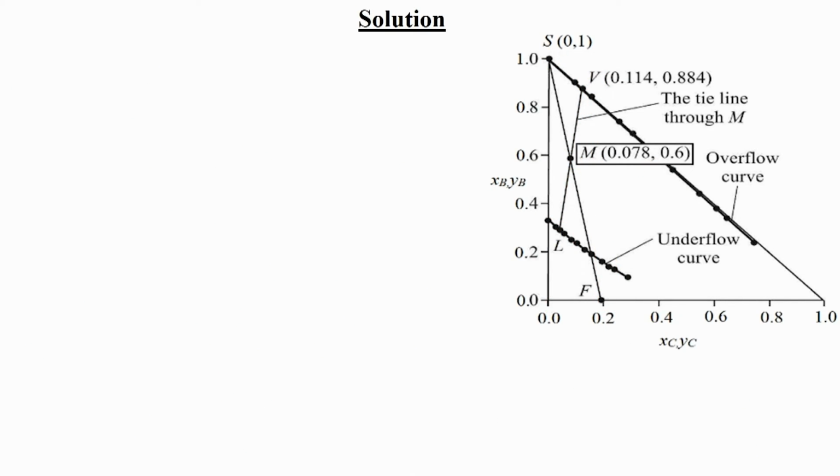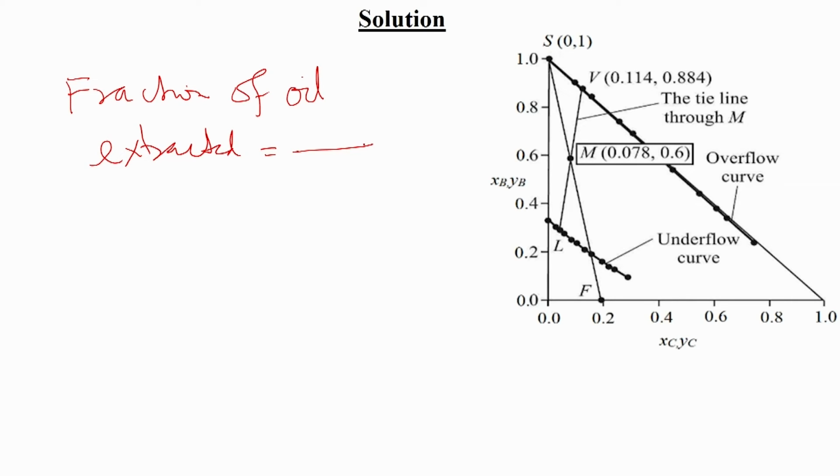From here, the fraction of oil extracted is equal to this: the total oil was actually, out of 1000 kg, 19.5%, that is 195 kg.